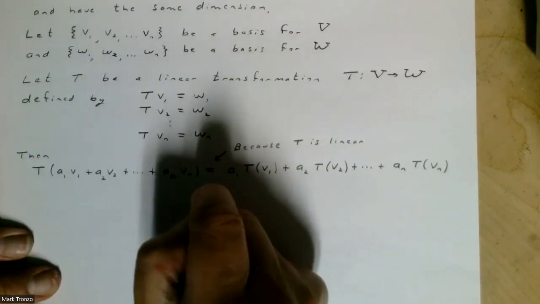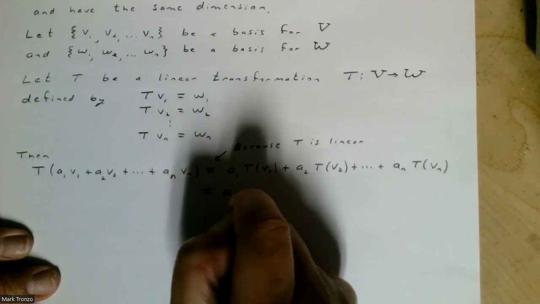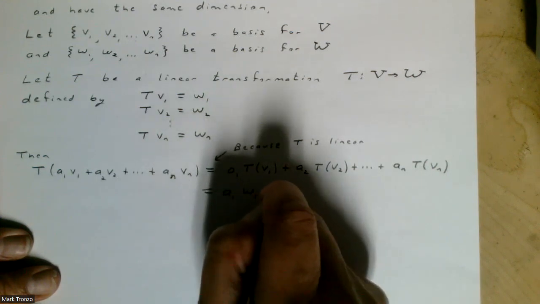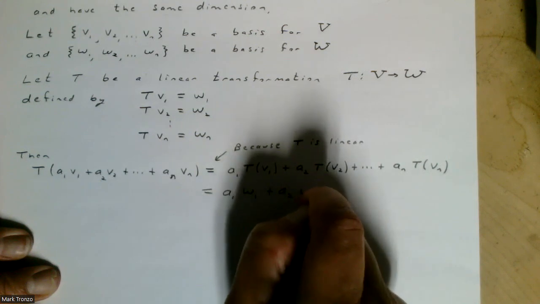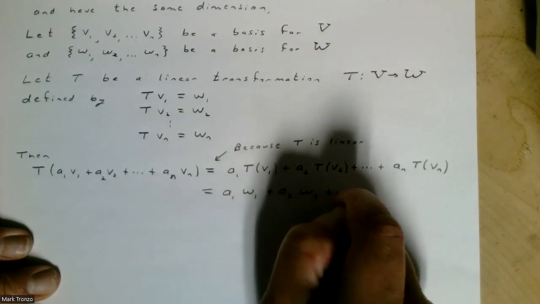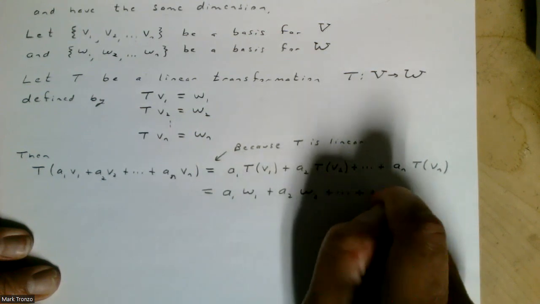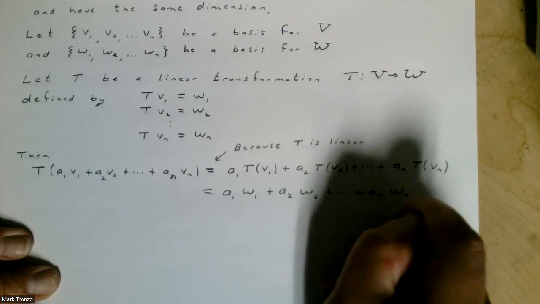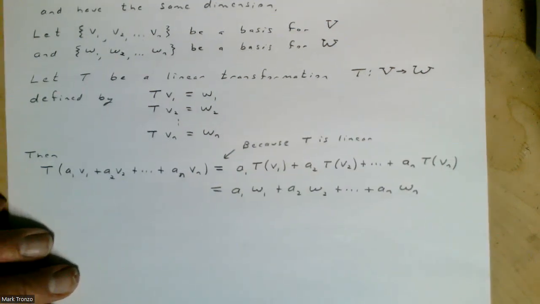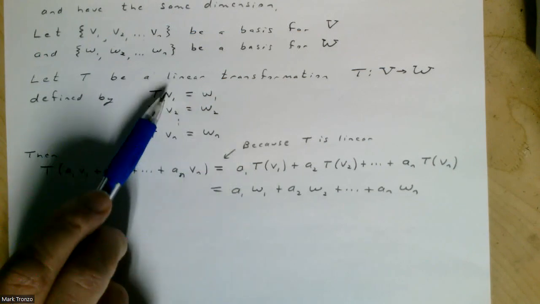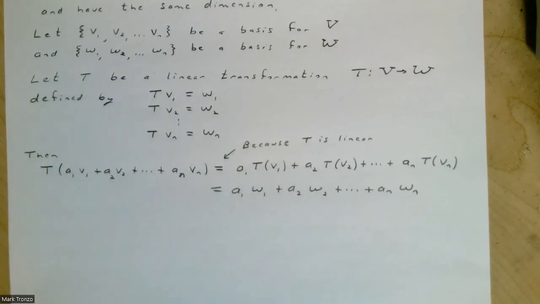And now what do we have? We have A1 W1, A2 W2, AN WN, because that's the way we defined our linear transformation.